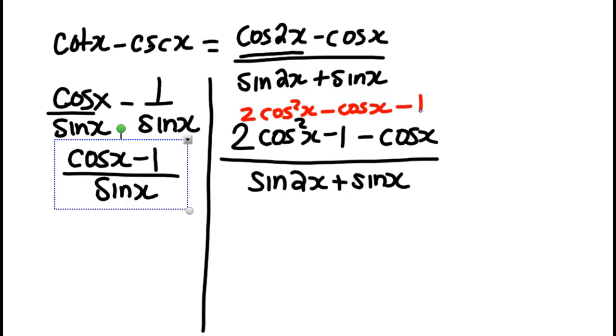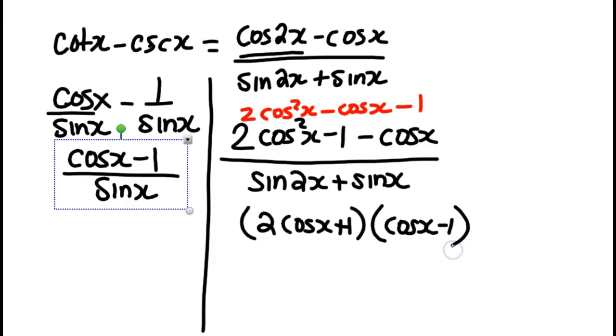So we would be able to do decomp with that or something, right? When I factored those, you could either do decomp or this one's fairly simple if you're thinking of just x's. Its factors would be 2 cos x plus 1 and cos x minus 1. Okay, so that is it factored out.